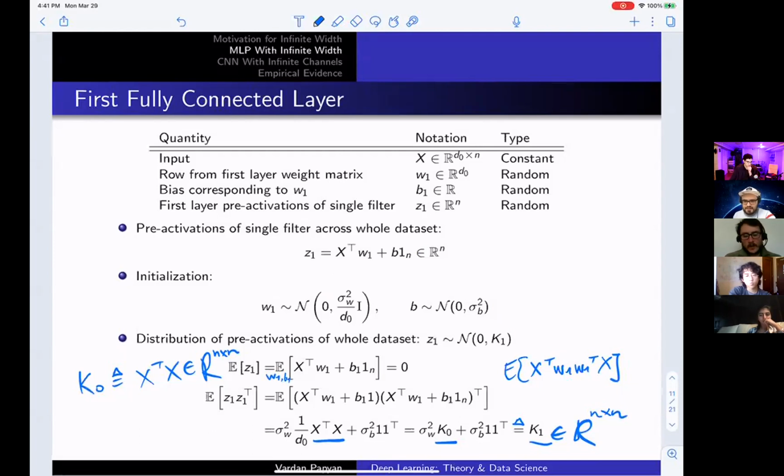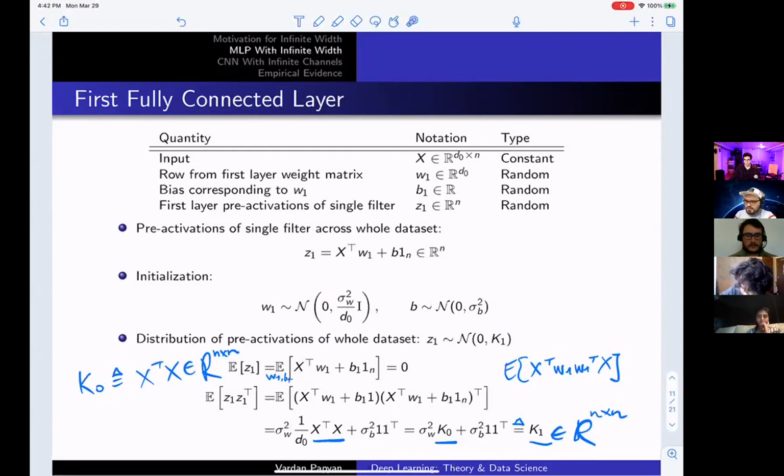But what I'm trying to get at is that K0 is a gram of the training data, training images, let's say, whereas K1 is the gram of your pre-activations. So it's like one layer deeper into the network, right?